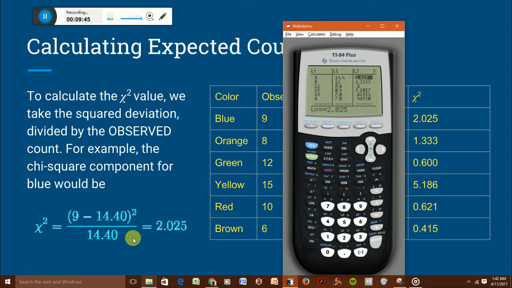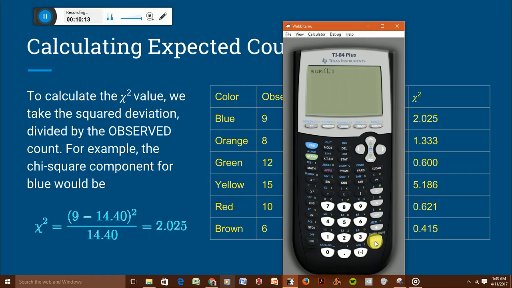Now, a couple of things I hope we notice about these values. I specifically want to look at yellow. Yellow affects our chi-square statistic the most, which will be the sum of all of these values. Even in our calculator, if we go to second list, we can go to our math menu and actually add up all the values in a list.